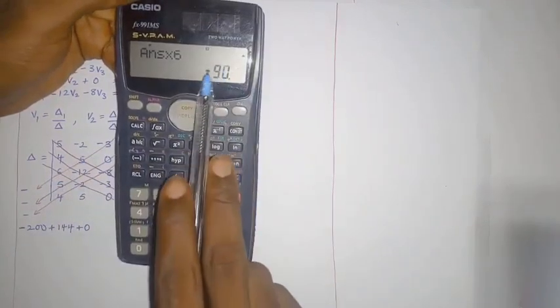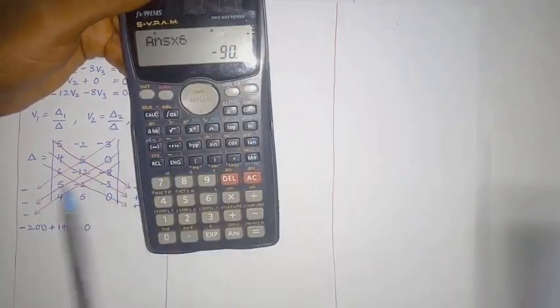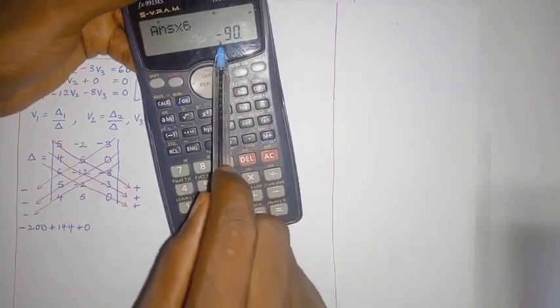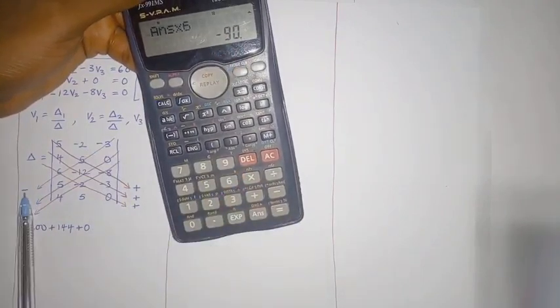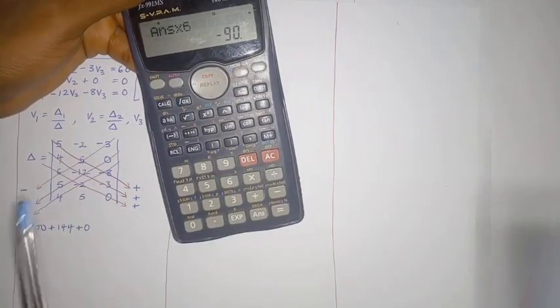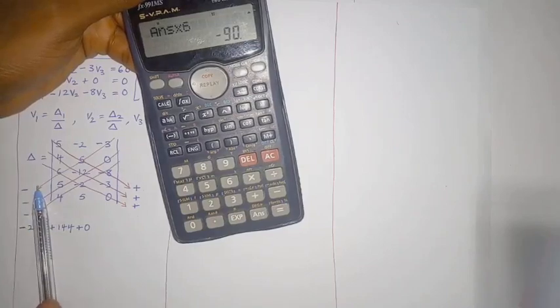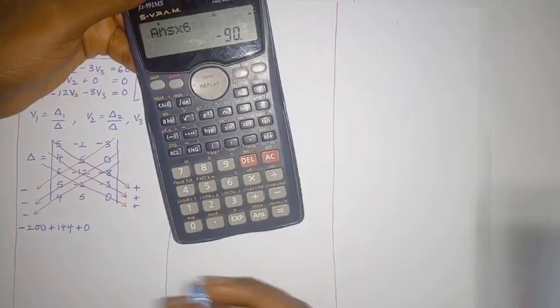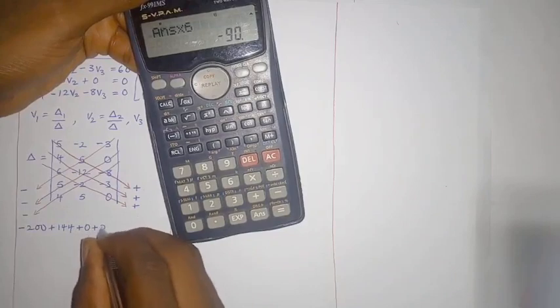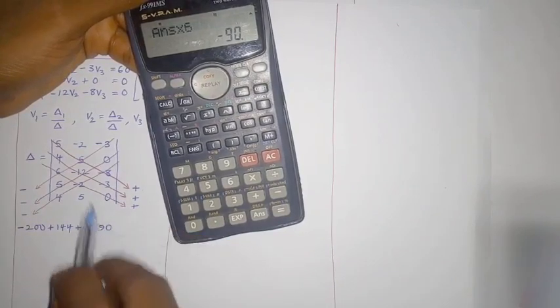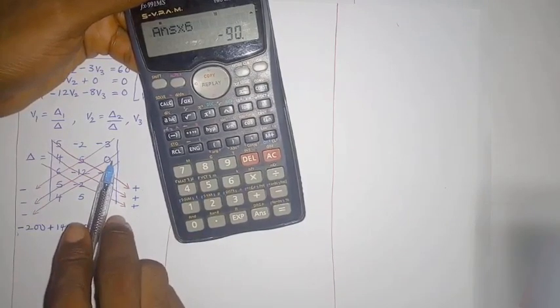You can see that, minus 90. You now use that to multiply like we did here. You are going to use minus 90 to multiply this sign. So minus 90 times this minus, it will give us what? Plus 90. Thank you. Plus 90. Then another one, there is 0 here already.